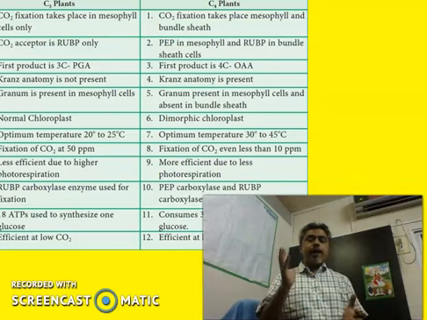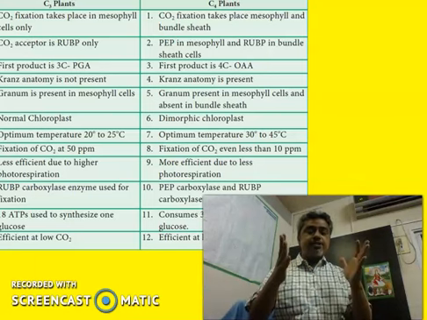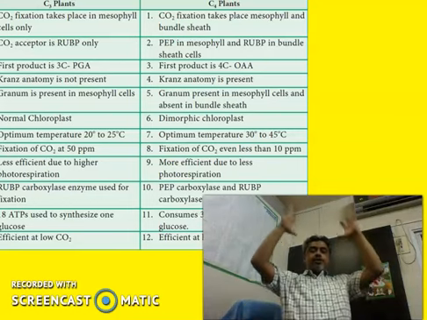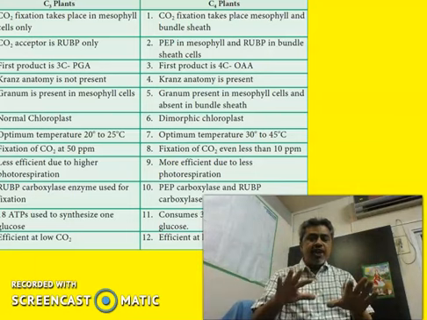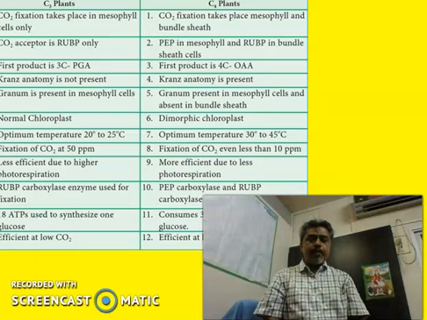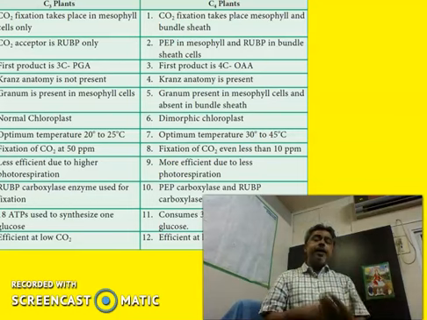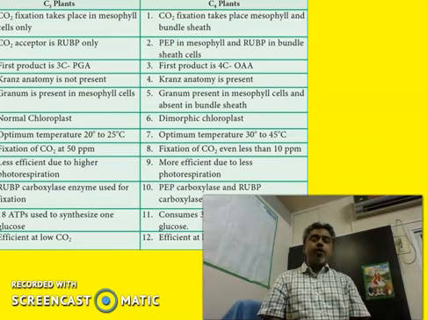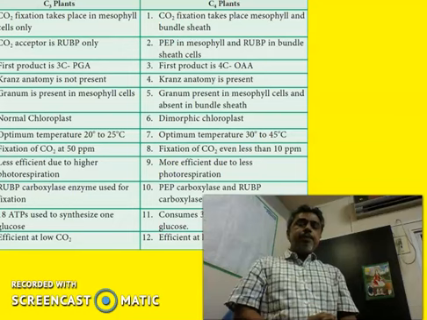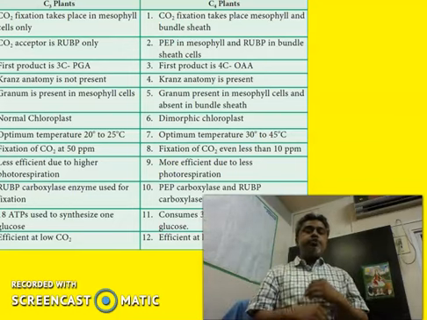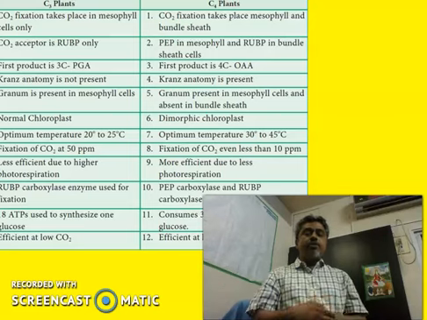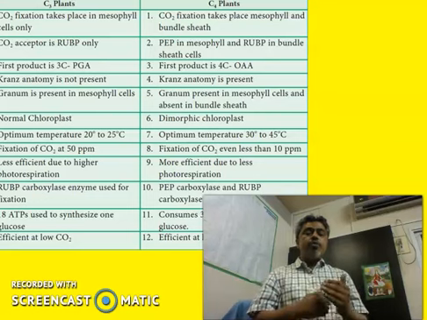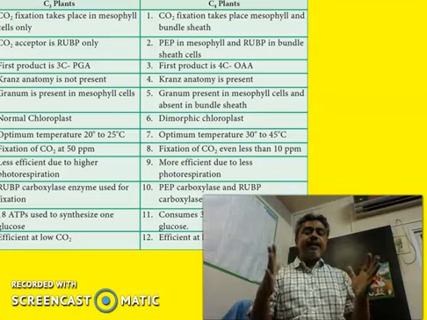Normal chloroplasts are found in C3 plants, whereas in C4 plants you will observe dimorphic chloroplasts. Now what is the temperature requirement of C3 and C4? The optimum temperature is 20 to 25 degrees centigrade for C3 plants, whereas for C4 plants it is much higher, 30 to 45 degrees centigrade.